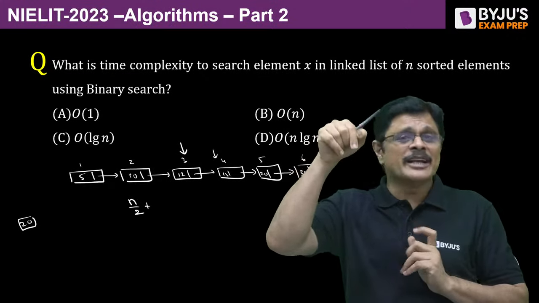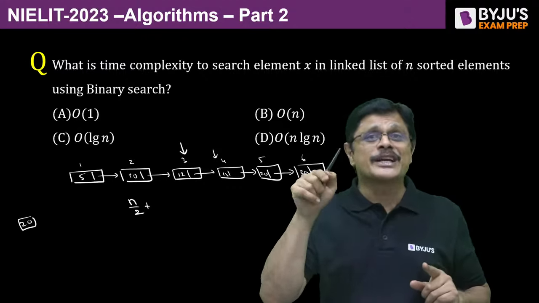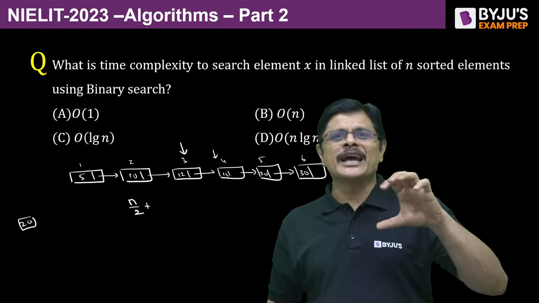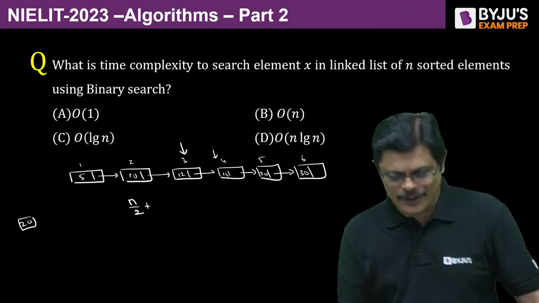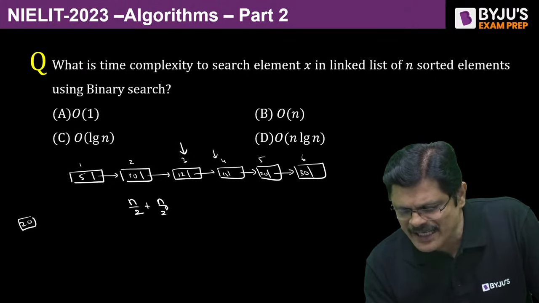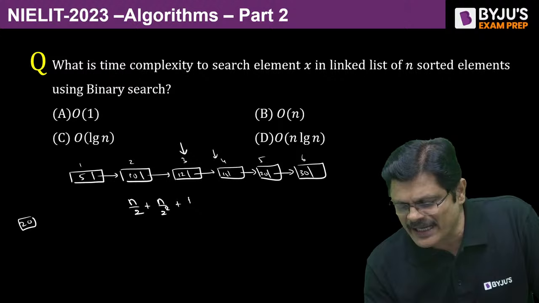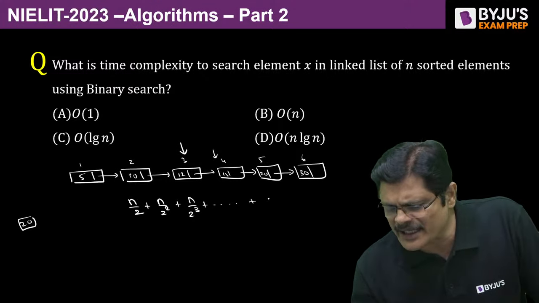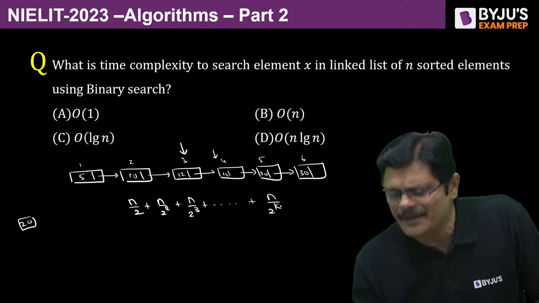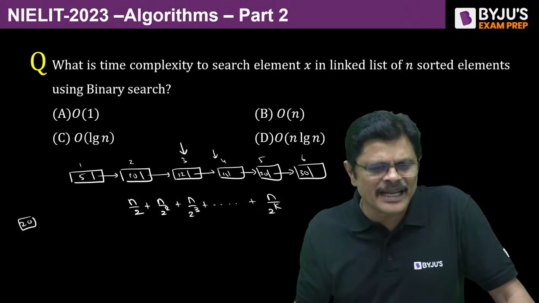Finding an element is order 1, but you have to traverse to reach that element. If you are using an array directly, you can go to that element, but here you have to traverse. Next time you will be traversing n by 2 square, next time n by 2 cube, continuously, till you have a single element, like n by 2 power k.